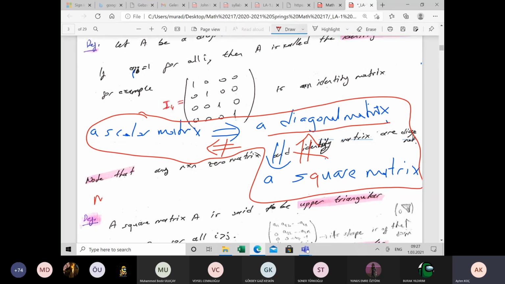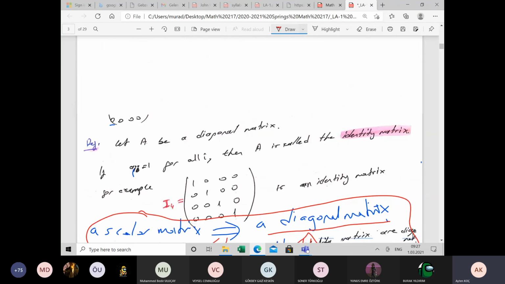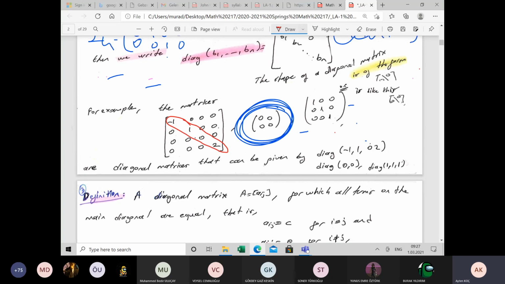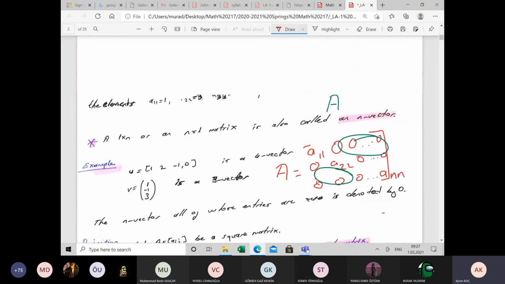İstediğiniz matrisin boyutlarını seçin, tüm MN matrisler için sağlıyor. Bir tanesi için sağlıyorsa bütün matrisler için sağlamasını gerektirmez. Counter example verirsiniz. Bir tane örnek vermeniz yeterli.